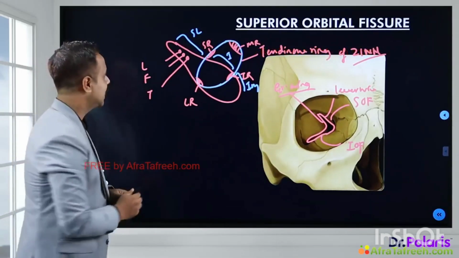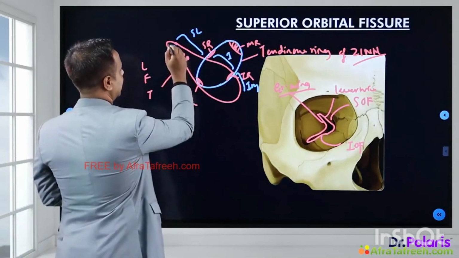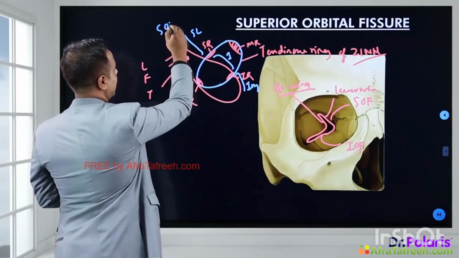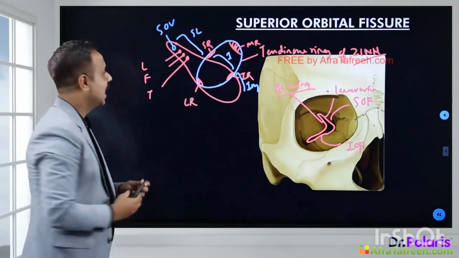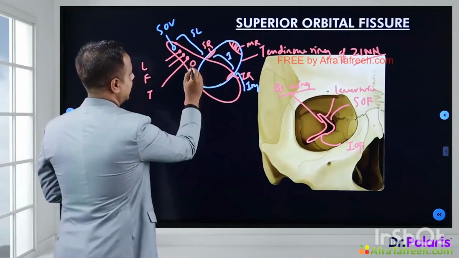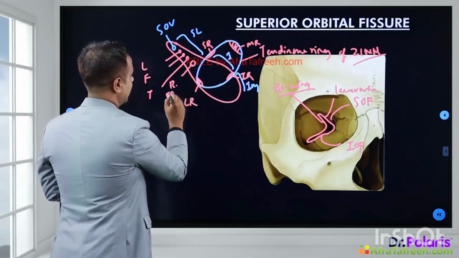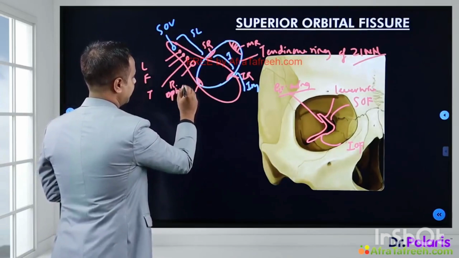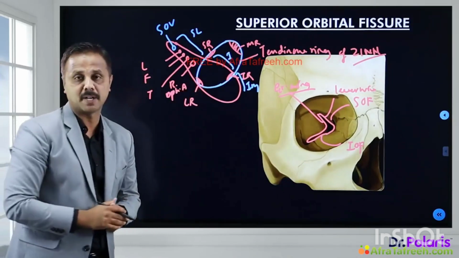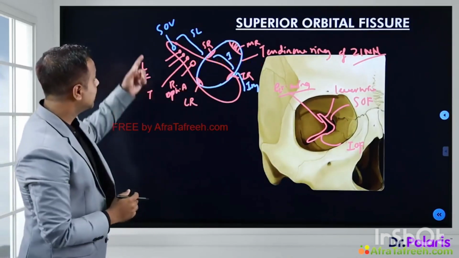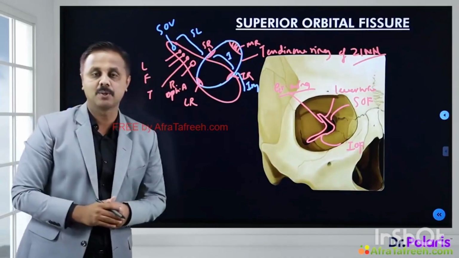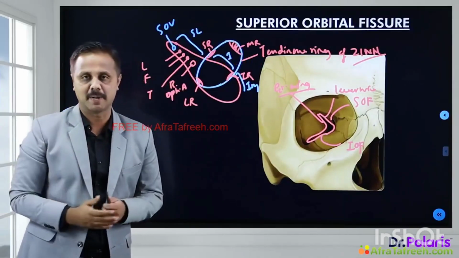Along with this, there is a vein, the superior ophthalmic vein. And there is an artery, the recurrent meningeal branch of the ophthalmic artery. So these are the 5 structures that pass through the superolateral compartment.